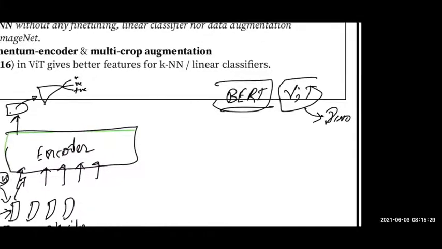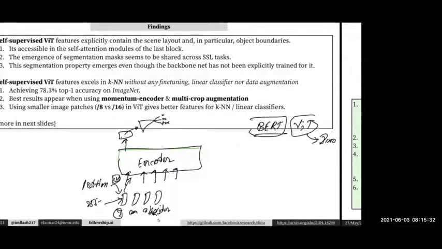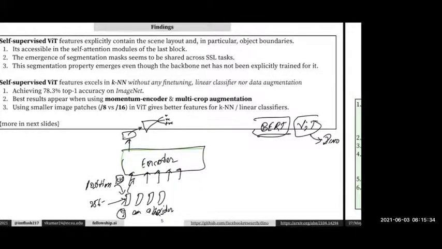But the issue with images is that you do not have a very sequential ordering in images, right? You have a 256 by 256 image. The question arises: how are you going to make it sequential? Because transformers take sequential input and you have to preserve that sequence as well.